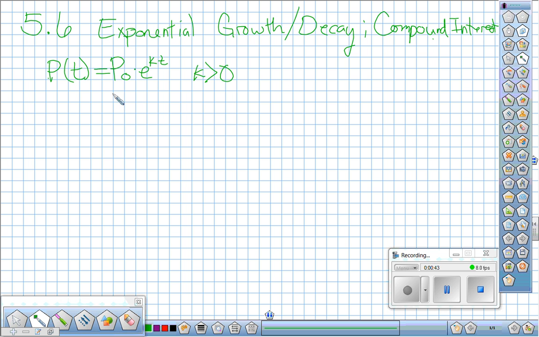So this is our initial amount, initial population. K is the constant at which it's growing, which is called the exponential growth rate.